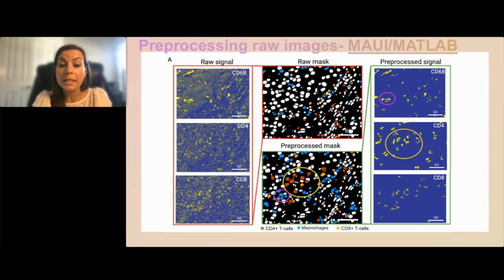And this is translating also into a mask, so into an actual recognition of cell phenotypes that is missing in the initial non-preprocessed data. And this is true for CD4 as well as for CD68. And this is a proof that preprocessing is able to facilitate and also enhance the assignment of phenotype within the image.